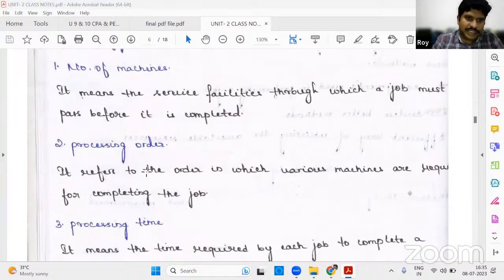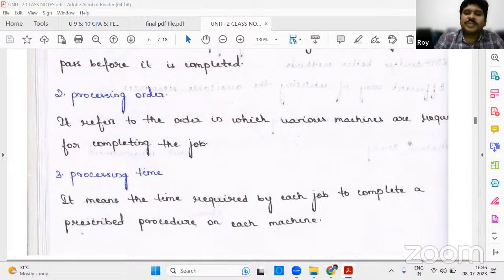Okay. Now, processing order refers to the order in which various machines are arranged to complete the job. Processing order, one order after another order. That is the order of the missions: first mission, second mission, third mission. Now, processing time. What is processing time here? In one job, listen to each and every point carefully, otherwise you can't understand the problems.